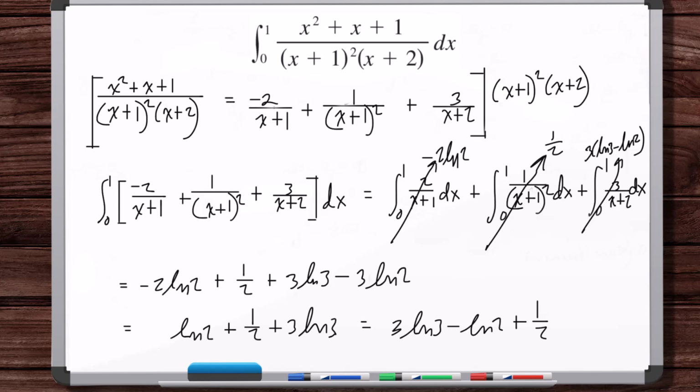And so this is minus 2 natural log of 2 minus 3 natural log of 2 is minus 5 natural log of 2. So we've got 1 half plus 3 natural log of 3 minus 5 natural log of 2.